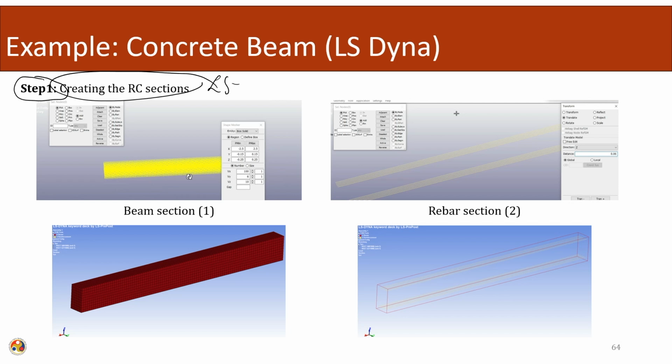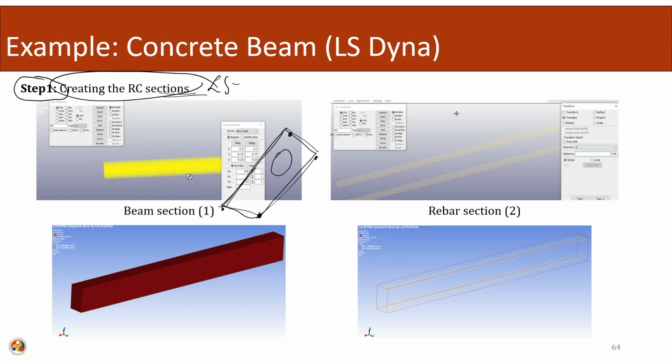First of all, we need to create the section. We can make these 4 coordinates and join the lines. After we join the lines, we can make the plate.